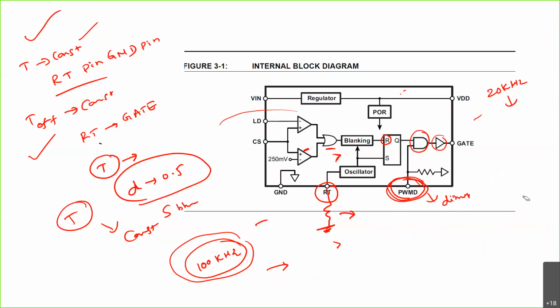If you want to dim the light, or decrease the light, the converter is operating with a high frequency train of pulses in the normal case. If you want to dim, you need to give a low frequency waveform. For example, this is the waveform.